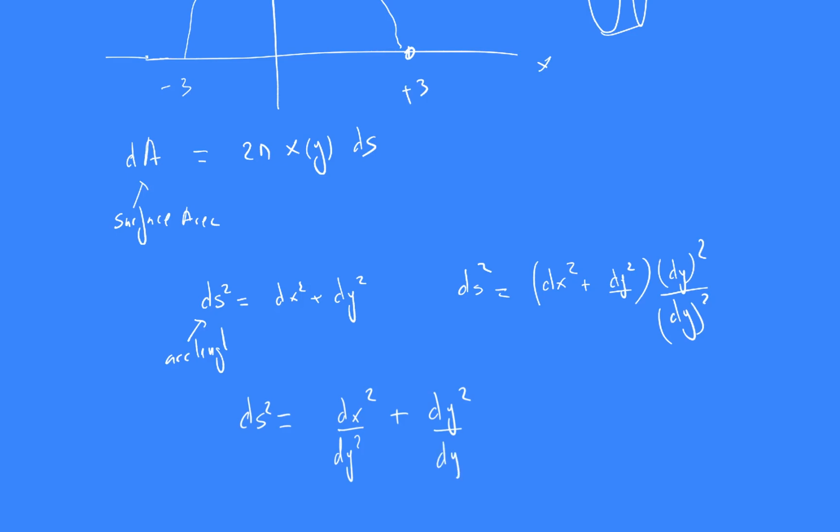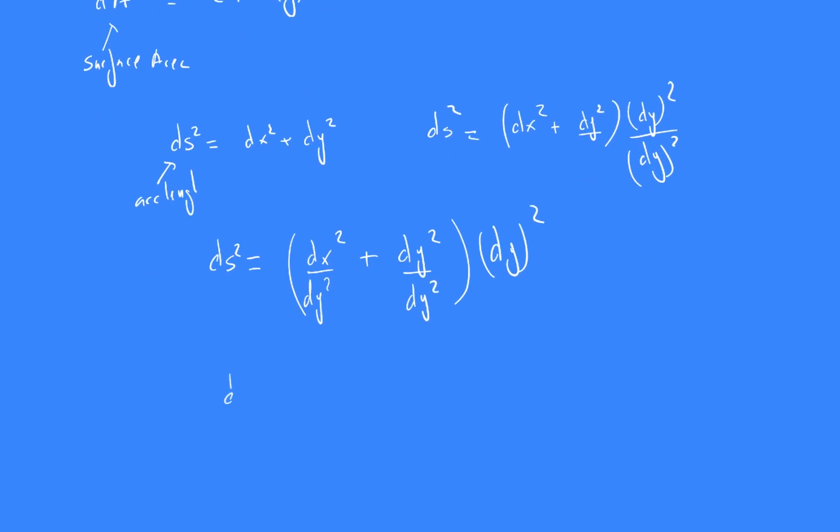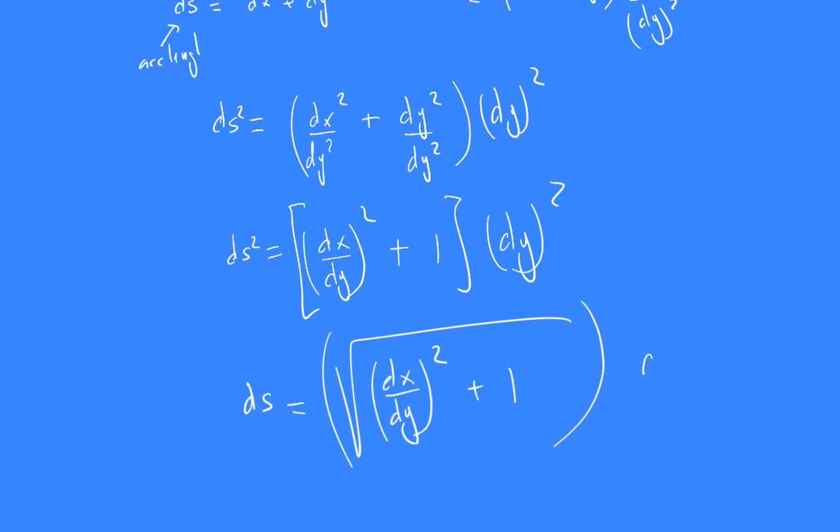So ds squared will be the quantity dx divided by dy, squared, plus 1, multiplied by dy squared. So ds will be the square root of the derivative of x with respect to y, squared, plus 1, multiplied by dy.